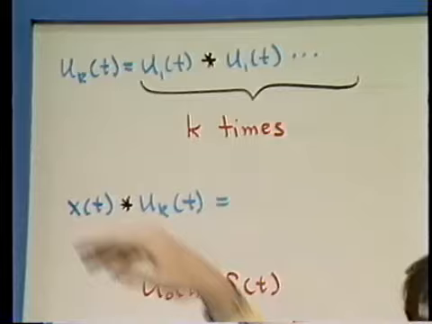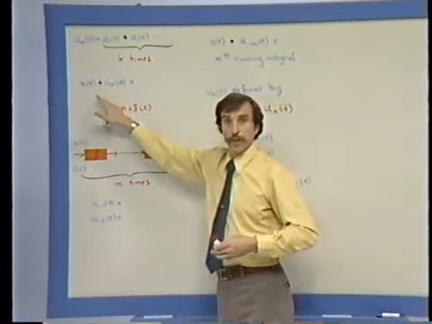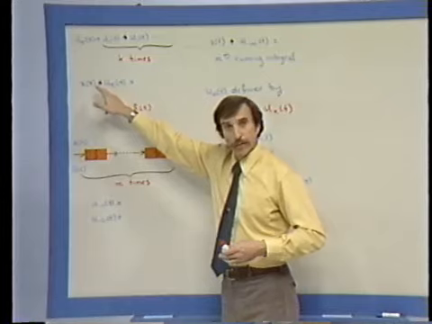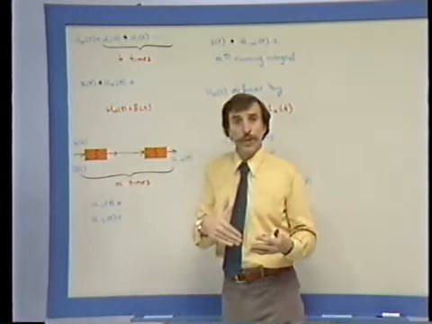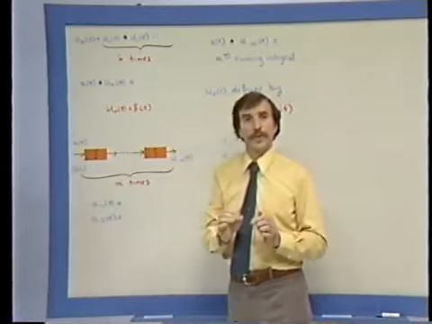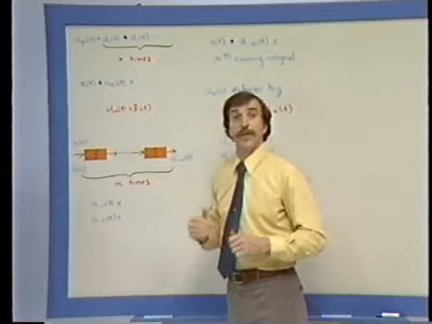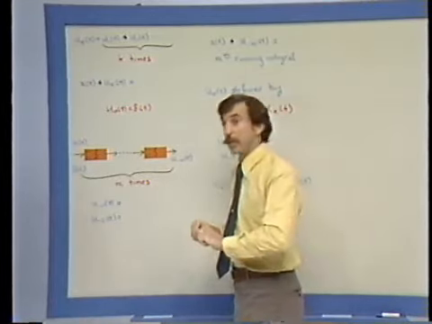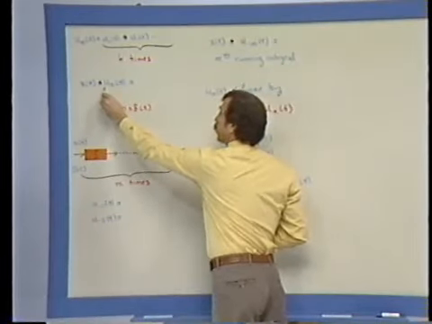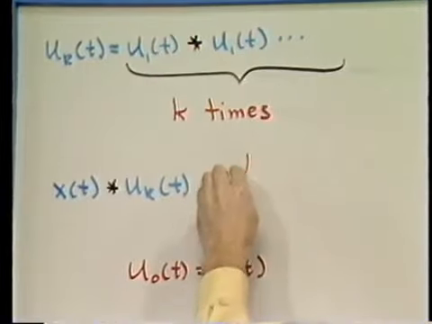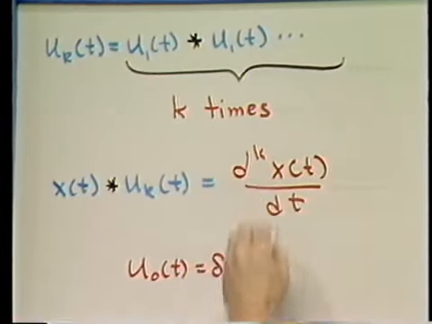Again, we would interpret that operationally, and the operational definition is through convolution, where u sub k of t is the impulse response of k differentiators in cascade. So what is the operational definition? Well, it's simply that x of t convolved with u sub k of t is the kth derivative of x of t.